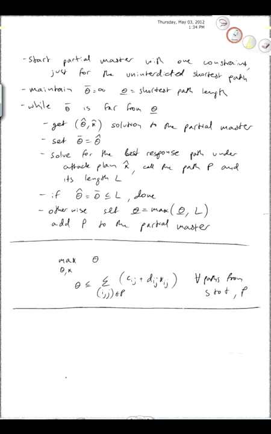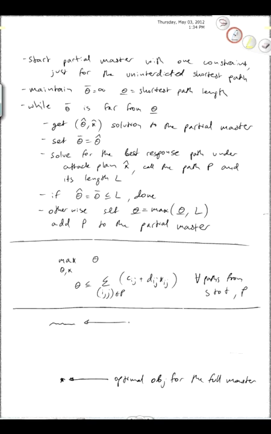So let's think why that is. Here's a bit of a picture. Imagine that this is the optimal objective for the full master. So it's right here. We don't know what it is, but we know that when we go and solve the partial master the first time, that gives us some upper bound.